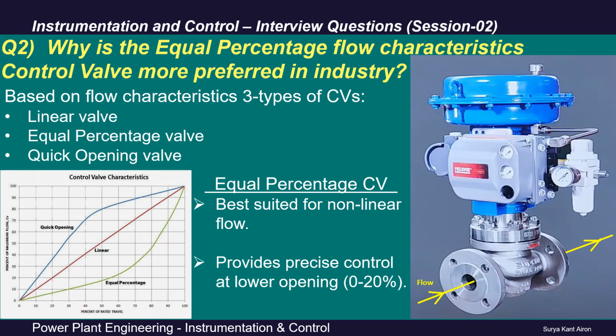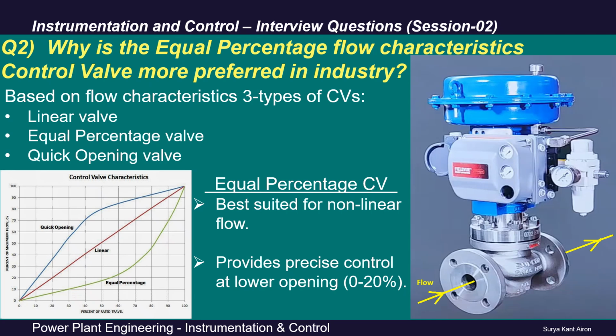Friends, our next important question is, why is the equal percentage flow characteristics control valve more preferred in industry? Friends, based on the flow characteristics of control valve, we can segregate our control valve into basically three types.